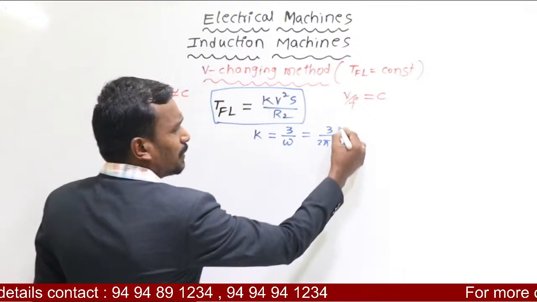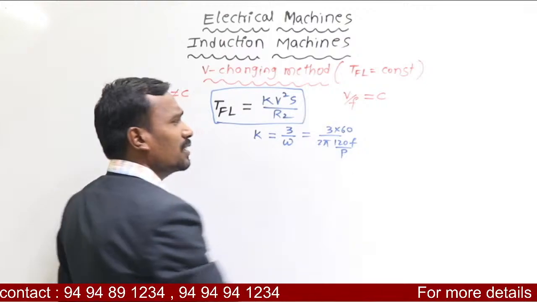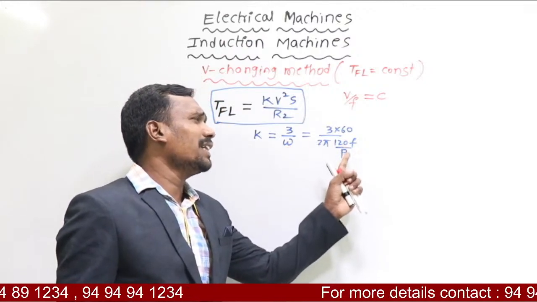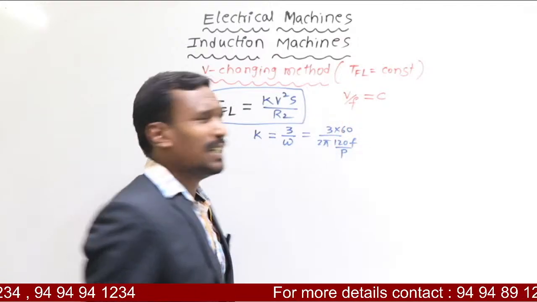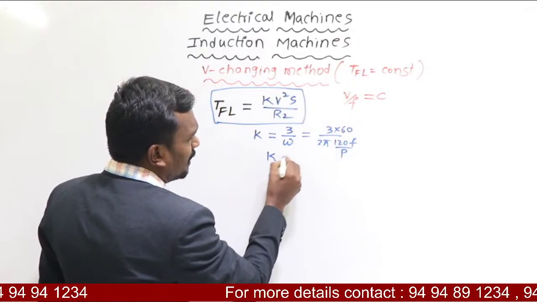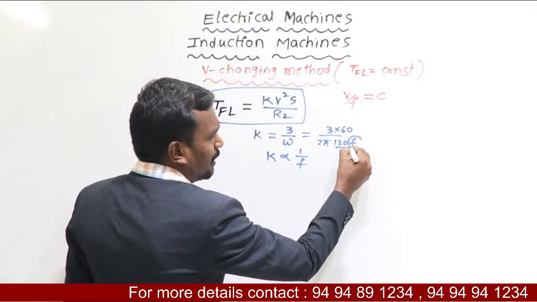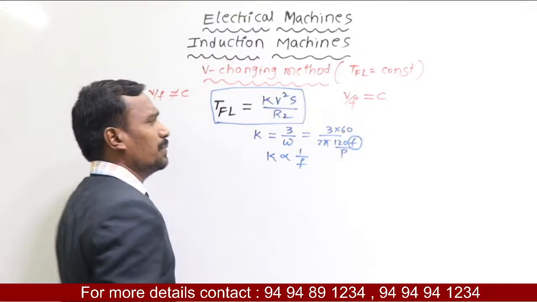If it is Ns by 60, then 60 is there. So K is nothing but one frequency in the denominator.